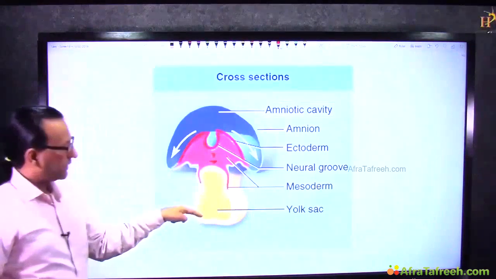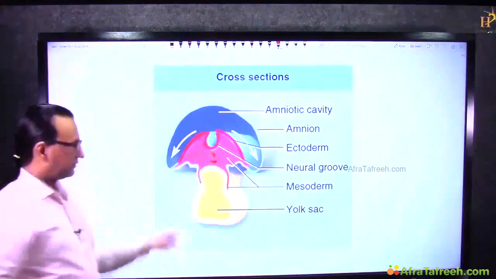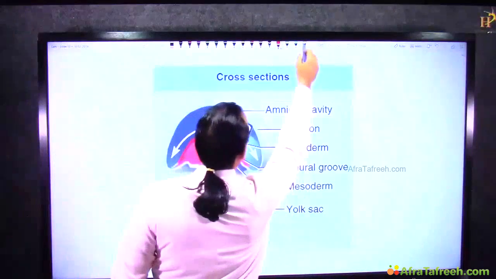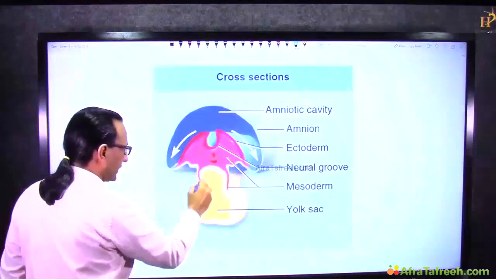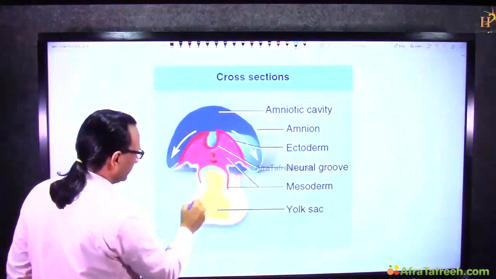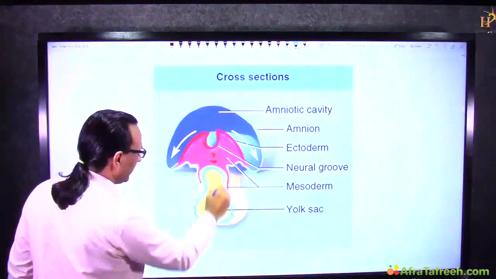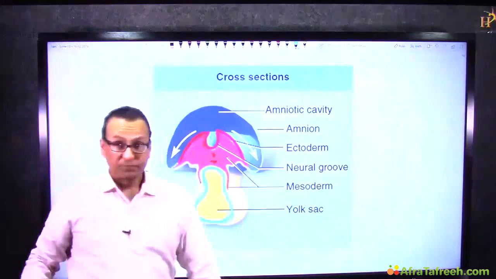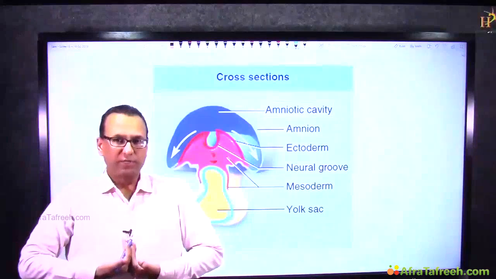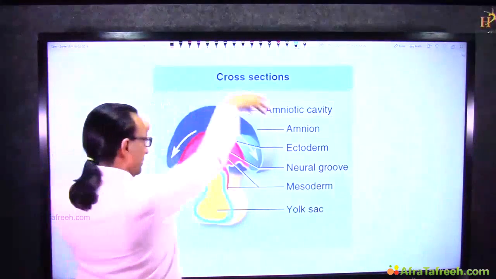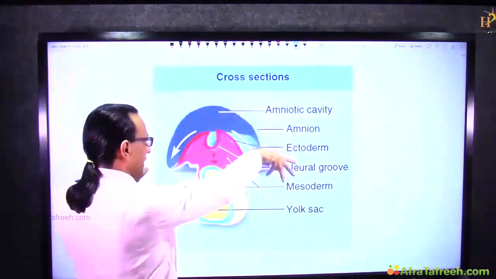Whereas on the ventral side the yolk sac cavity is there, and you see this yolk sac cavity which is lined by the endoderm is taken into the conceptus as the lateral folding is occurring.